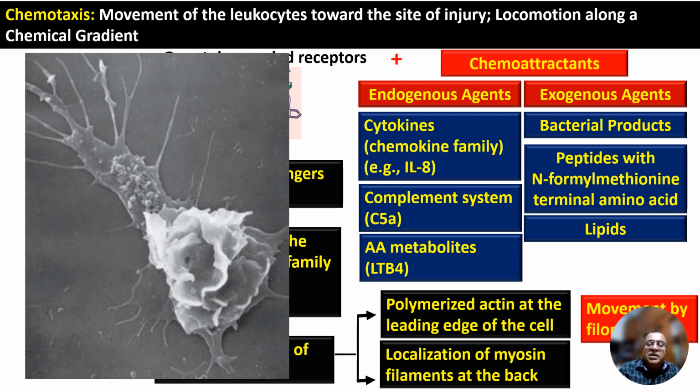As a result, the leukocyte moves in the extracellular space along the chemotactic gradient, and these filopodia work like a front wheel driven car, and after these filopodia, the rest of the cell also moves toward the chemotactic stimulus.